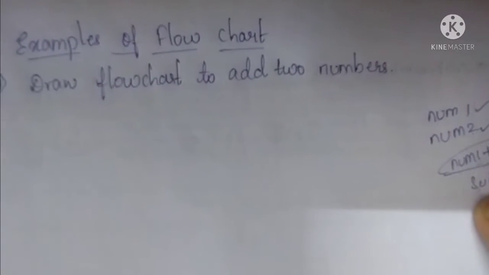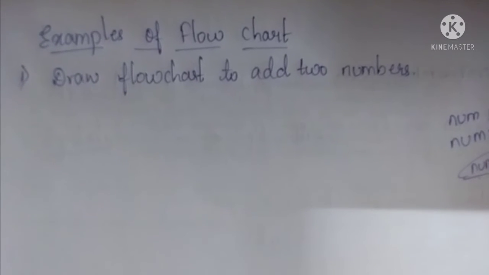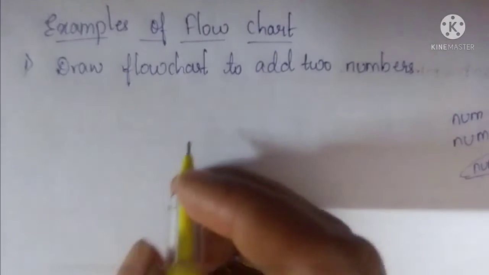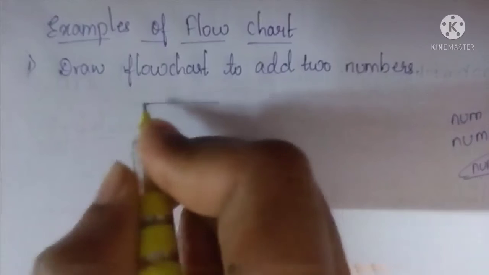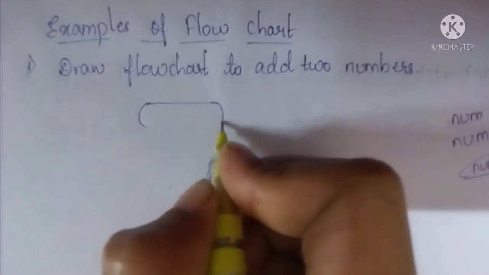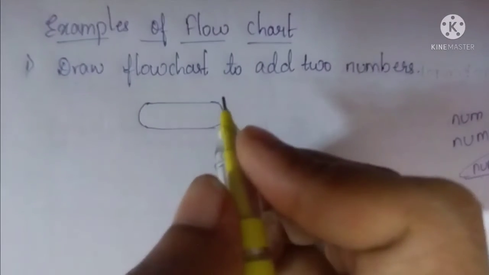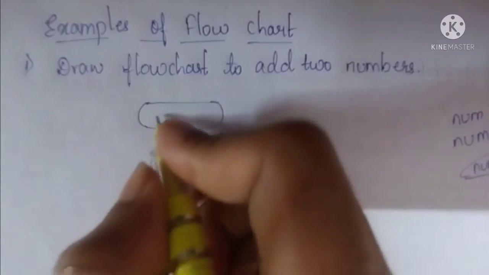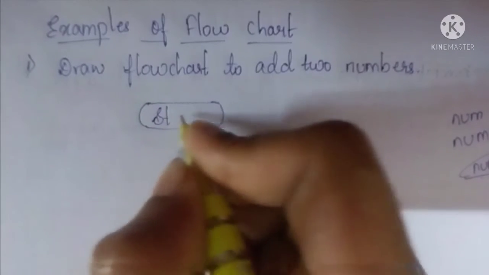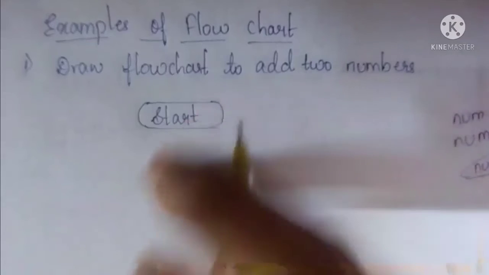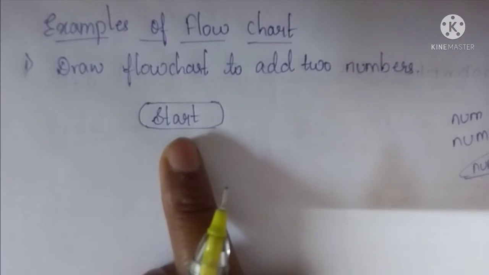To write any flowchart, the first thing to keep in mind is that for the starting of any algorithm and the ending of any flowchart, you should use only the oval symbol. In the algorithm, first we write step 1 equal to start.